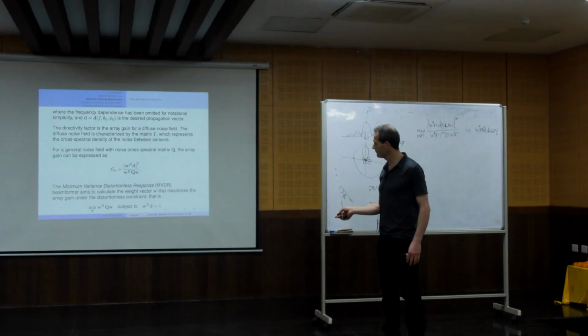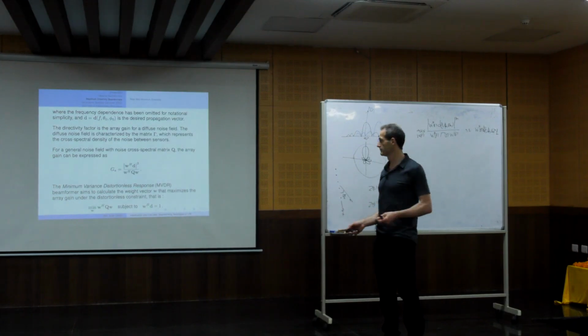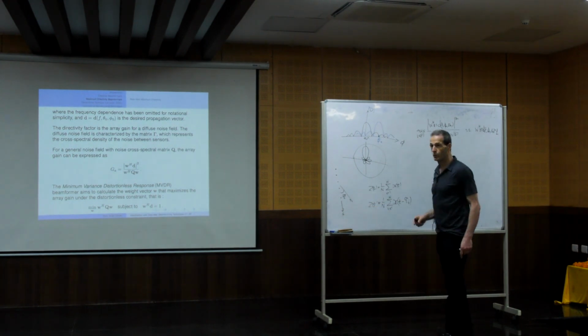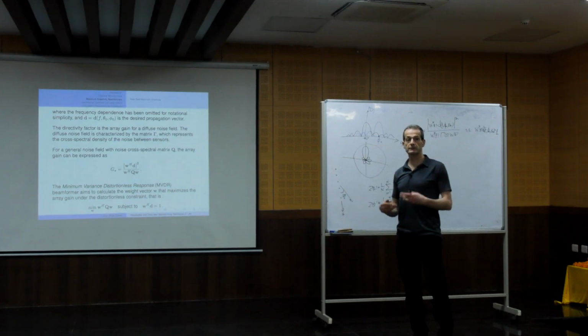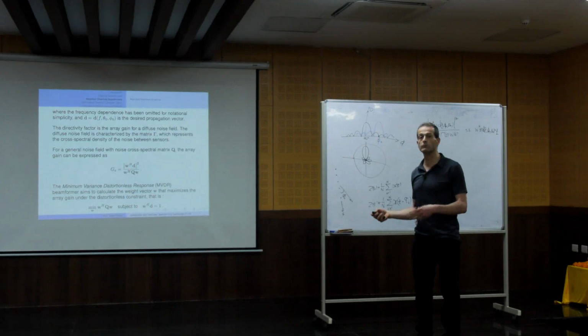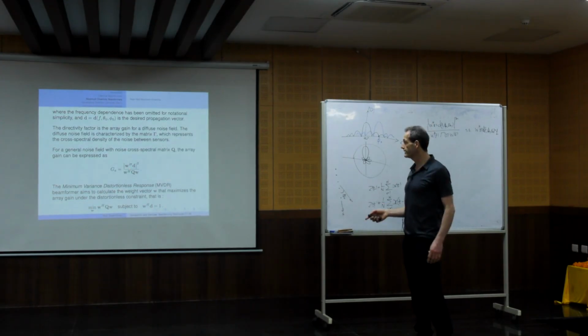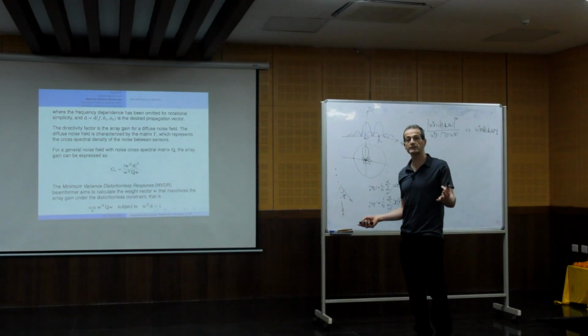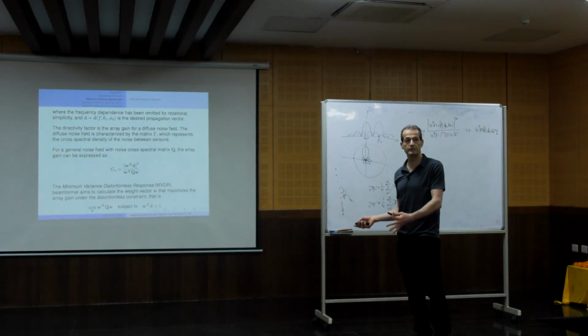The solution to this problem is called the minimum variance distortionless response beamformer. And if instead of Q we put gamma, the same kind of matrix but suitable for diffuse noise, it will be called the maximum directivity beamformer.